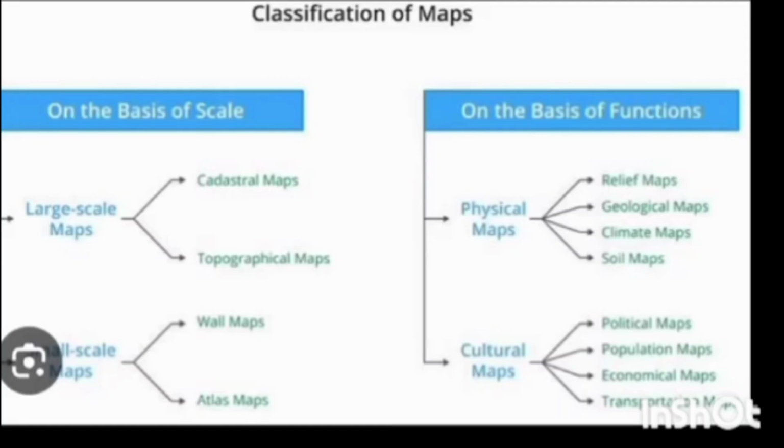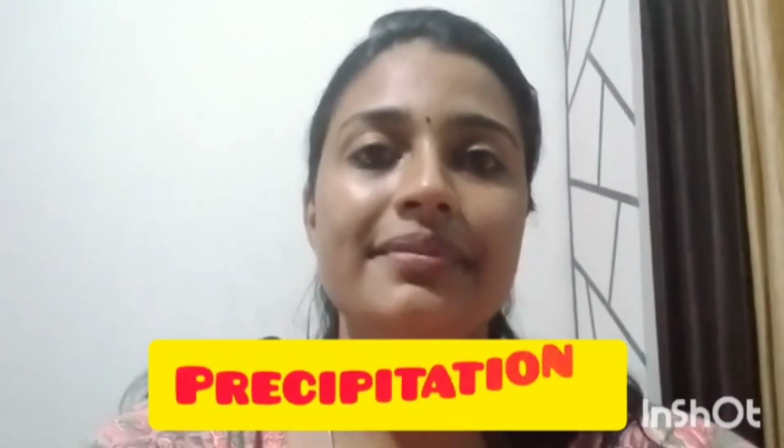On the basis of functions, there are physical maps and cultural maps. Examples of physical maps are relief maps, geological maps, climate maps, and soil maps. For the cultural maps, there are political maps, population maps, economic maps.